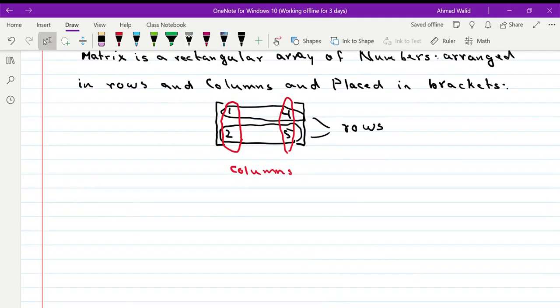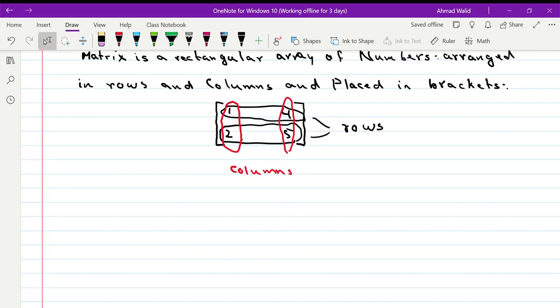The numbers that we place inside any matrix, we call them elements. The numbers that you place in a matrix, we call them what? Elements.